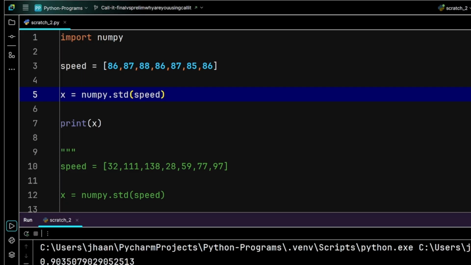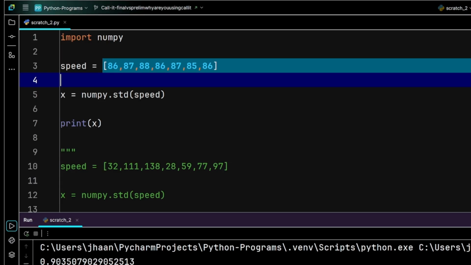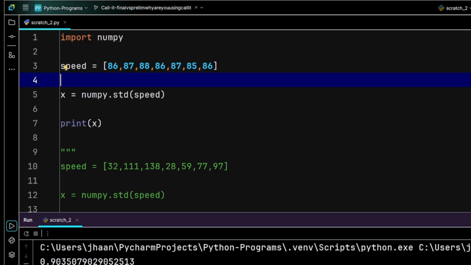Run it, and you can see it's about 0.9, meaning that most of the values are approximately within 0.9 of the mean value. The mean of all of these numbers is 86.4, and most of these values are approximately 0.9 units from this mean value.